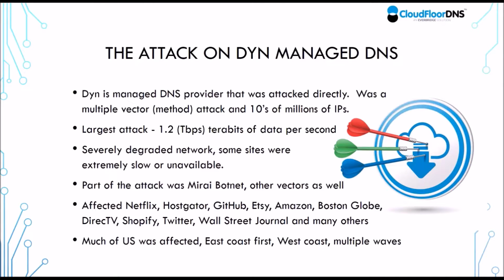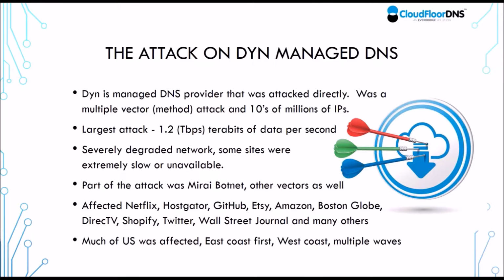And the attack severely degraded the Dyn network. Some sites on the network were extremely slow, some were unavailable, and some were almost unaffected, but the majority of their network in the U.S. and East Coast, West Coast, throughout continental U.S. was affected greatly, which of course affected a lot of other people around the world.